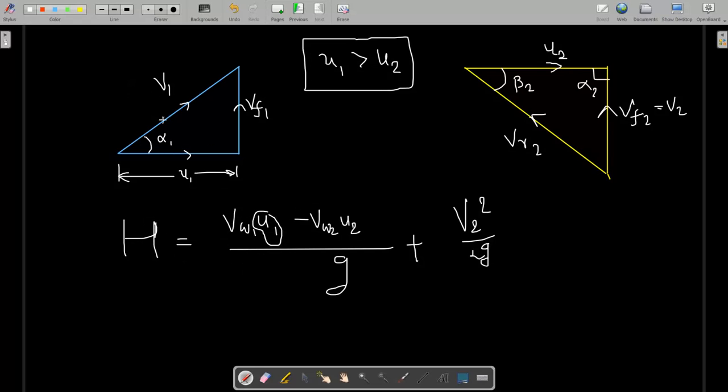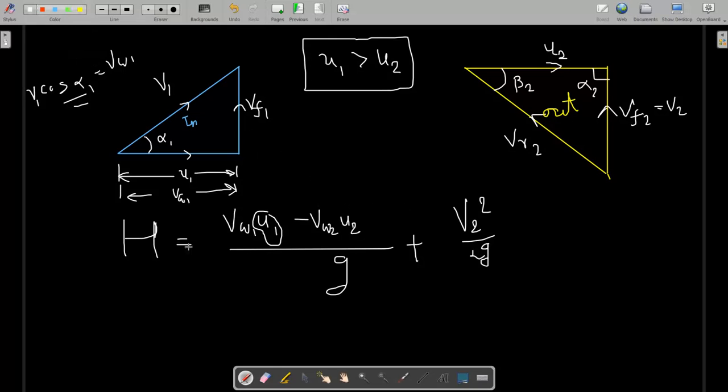So what is Vw1? Vw1 is the cos component. So V1 cos alpha 1 is equal to Vw1, but here as you can see, Vw1 is the same as U1, as you can see in the velocity triangle. This is at inlet and this is outlet.